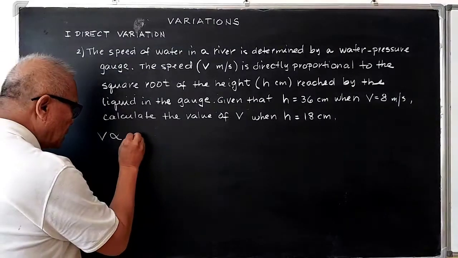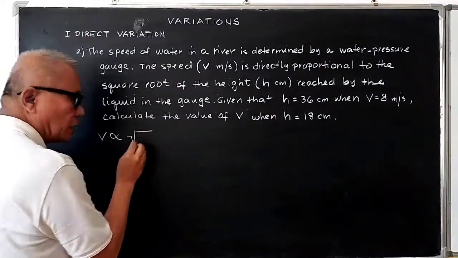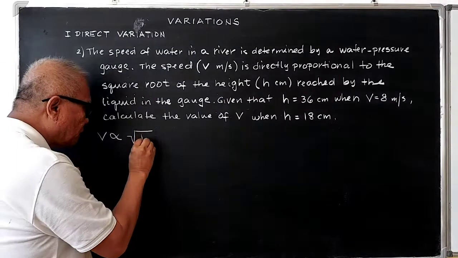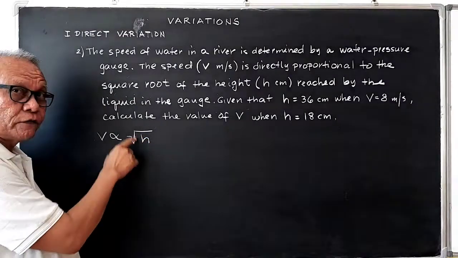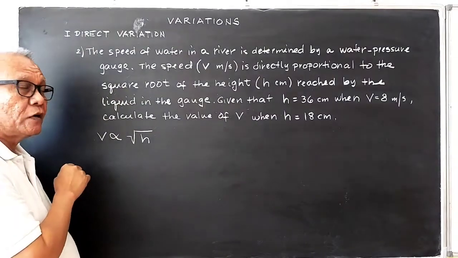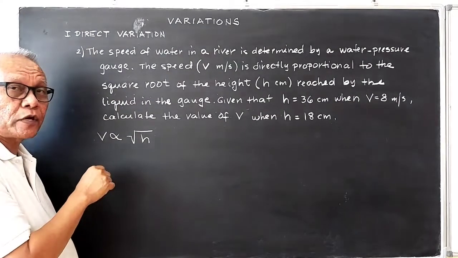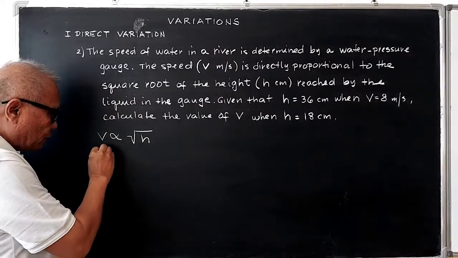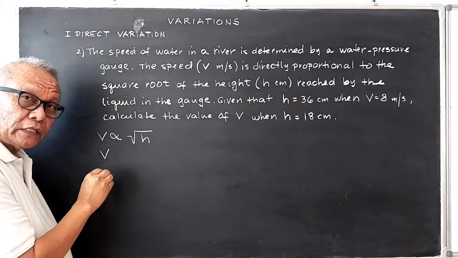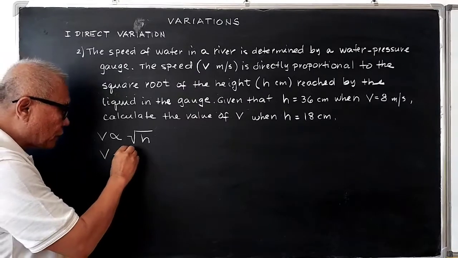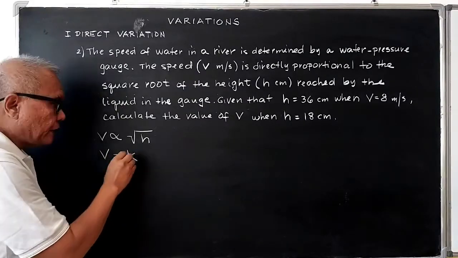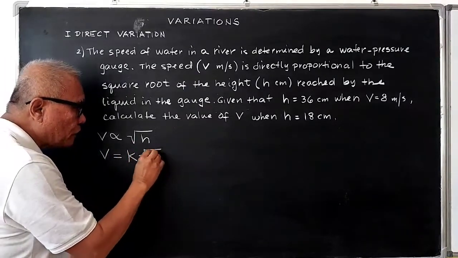So we have symbol of square root, and then we have the height. So this is our symbol for that problem. Now we will write this one in equation form. So we have V or speed is equal to, we introduce our constant K, then we have the square root of h.